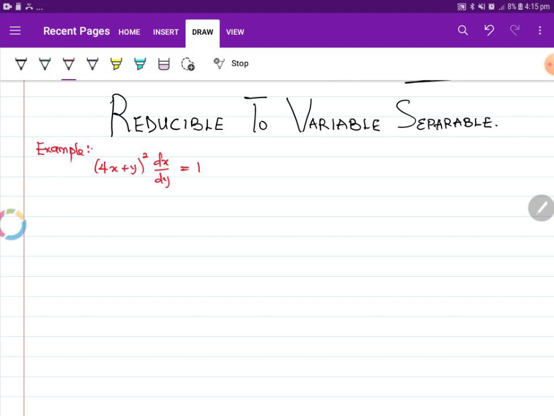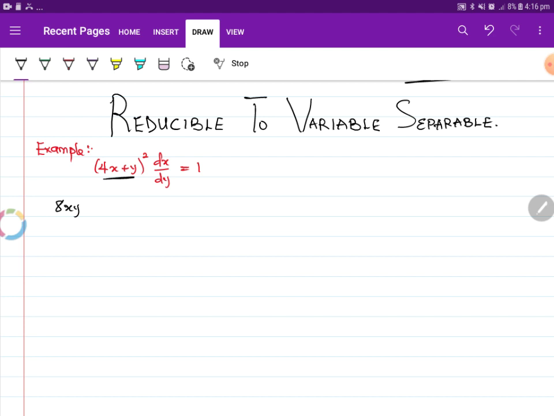Now let's look at this first example, and let's use this example to explain. From the look of this example, if we are to separate what is here, because this side is a bracket attached to a power, if you expand this bracket, you end up having something like 8xy in between.